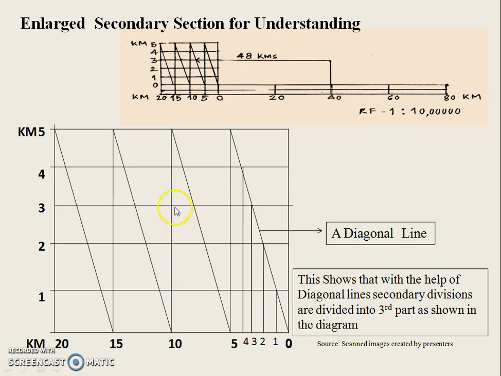Now, for the sake of understanding, an enlarged section of the earlier diagram is presented here. Through this, we discuss in detail the purpose and drawing procedure and parts of secondary and tertiary divisions. Now, draw lines of convenient length from both the ends of secondary divisions vertically as shown in the diagram.